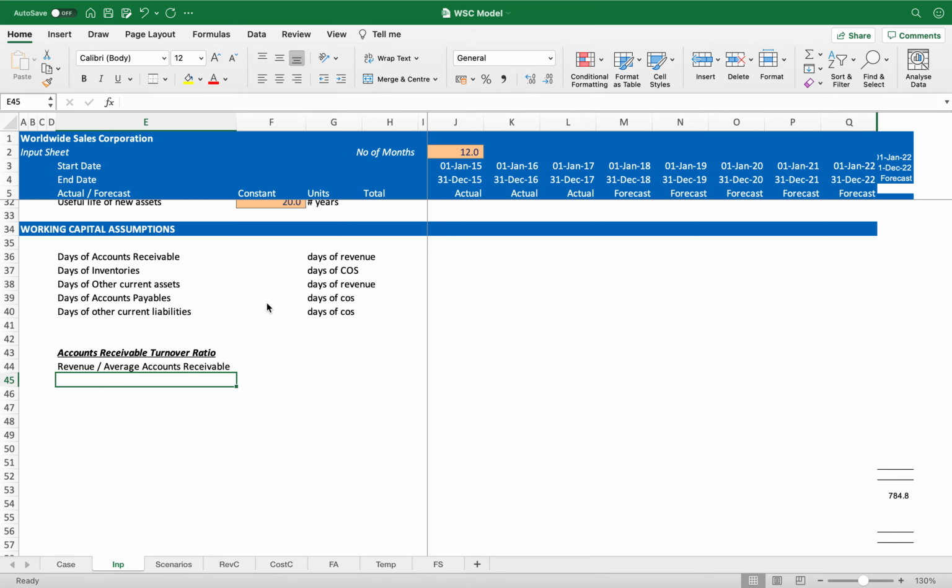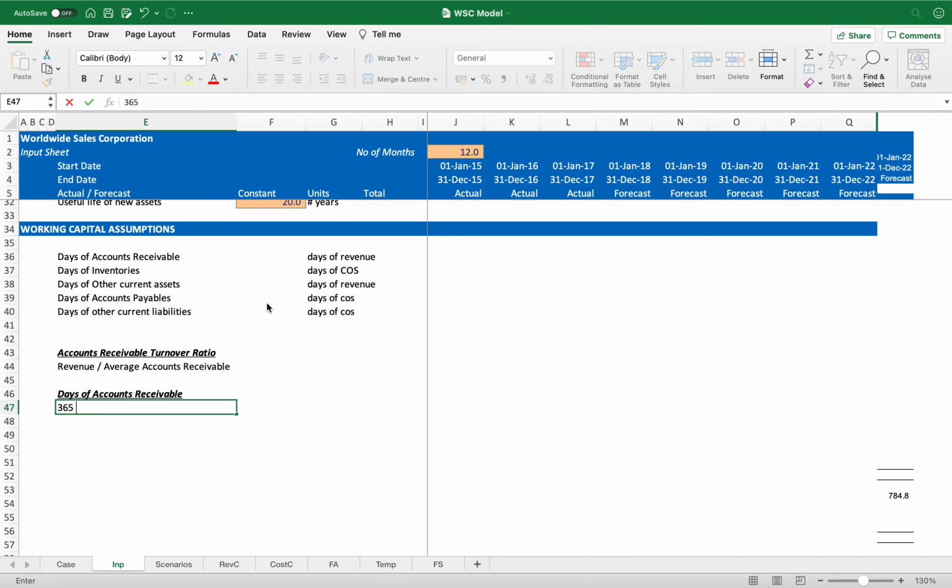Now, if I have to compute this number in days, that is, days of revenue, the formula is: days of accounts receivable is 365 divided by the accounts receivable turnover ratio.